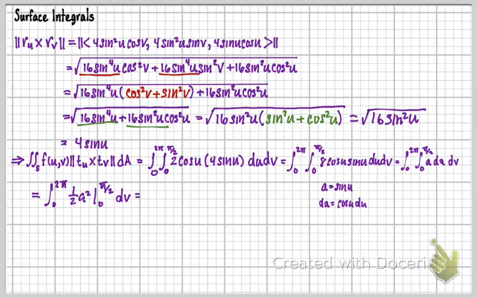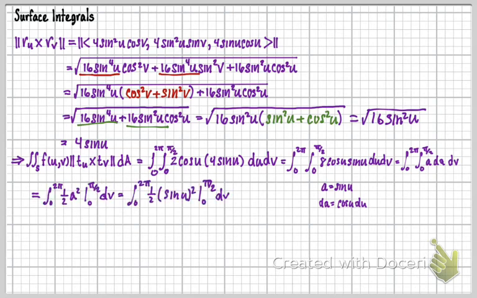And remember here, A is sine of u. So we get the integral from 0 to 2 pi of 1/2 sine of u squared from 0 to pi halves. Now I know when I plug in pi halves for u, the sine of u is going to be 1. And when I minus the lower bound, sine of 0 is 0, so it's going to be 0 squared, which is 0.